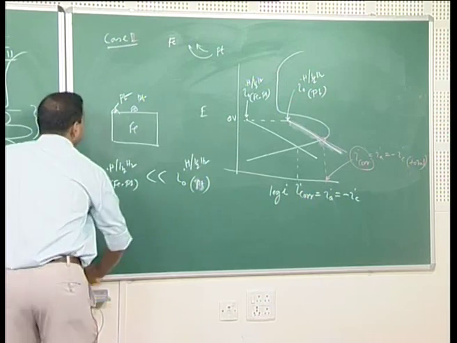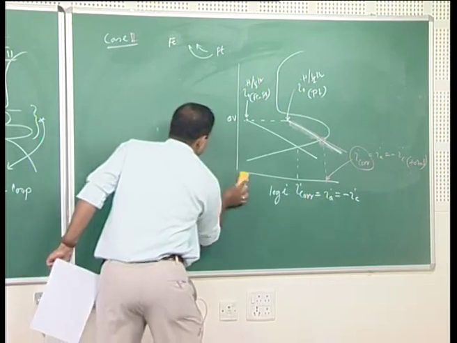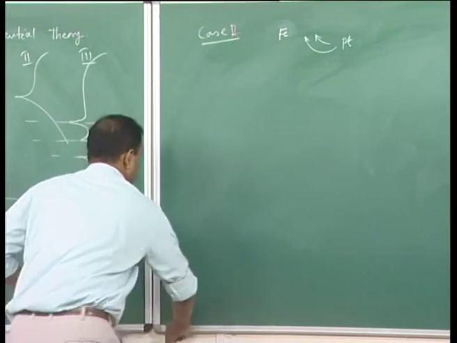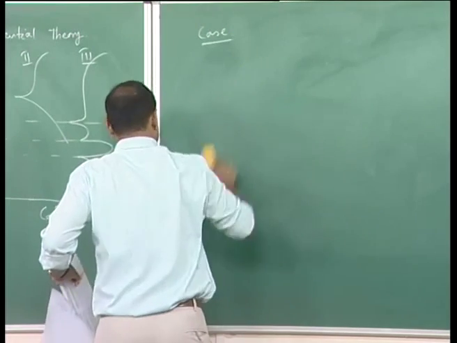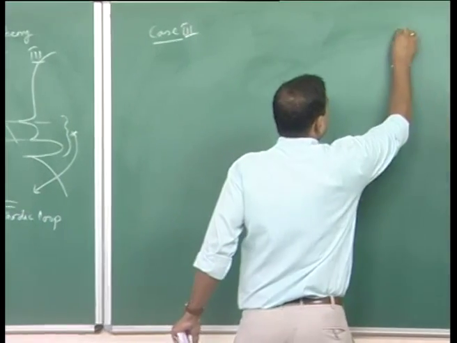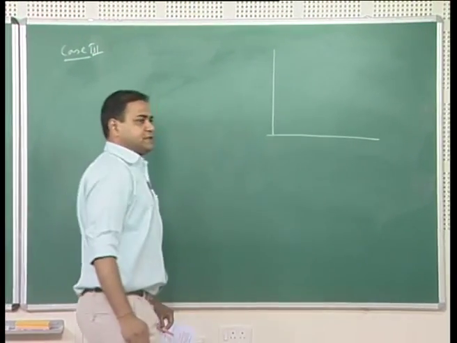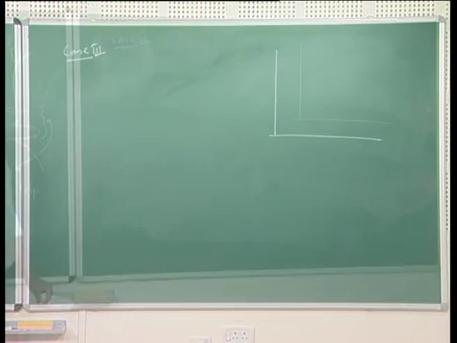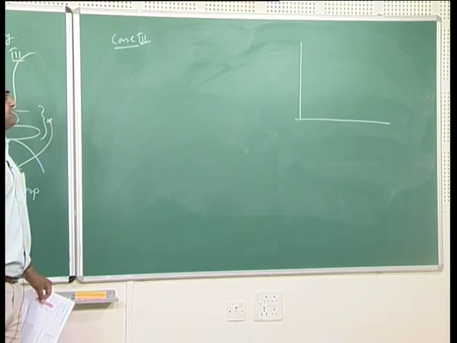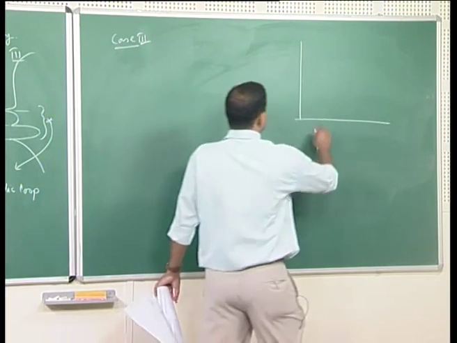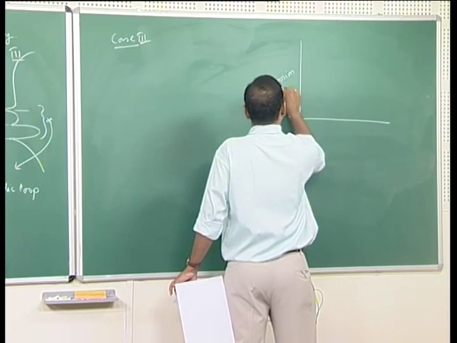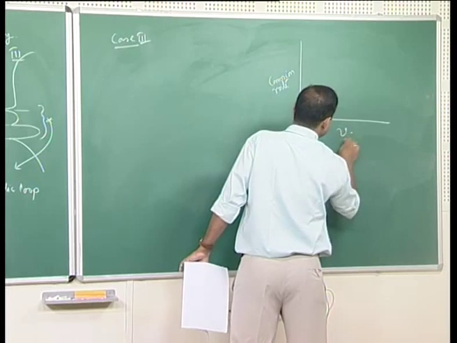Now, this is one. Now, case 3, let us also have 2 more examples. Now, one example is case 3. Now, if you recall that we see the effect of velocity on the corrosion rate of active metal, if it is totally activation controlled, let us say in case of zinc, that case my corrosion rate and this is velocity.